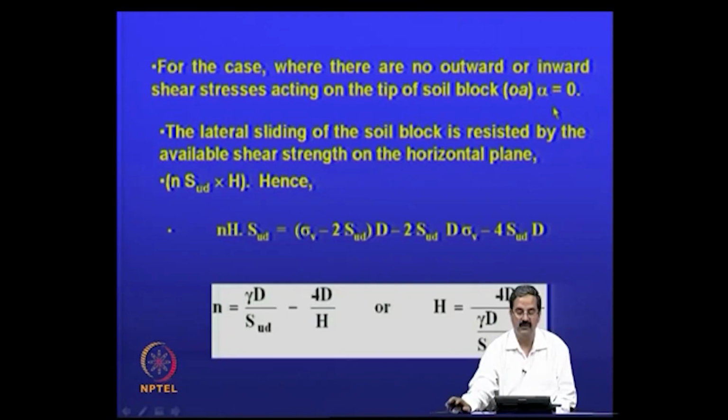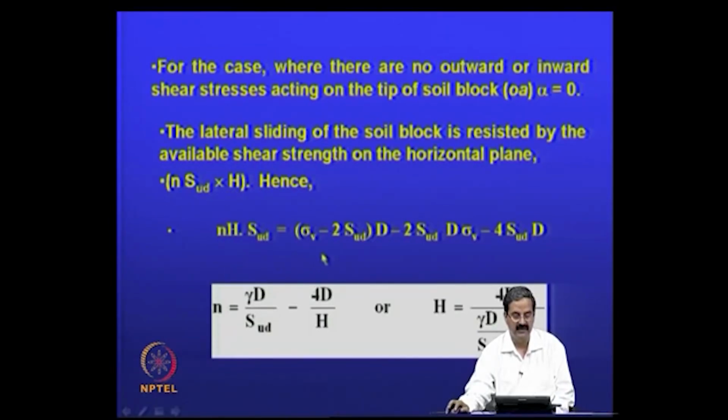the alpha is 0. There is one case that it is just under equilibrium, and the lateral sliding of the soil block is resisted by the available shear strength of the horizontal plane. So, that is nothing but N SCD into H, where D is the thickness of this soft soil, it is actually the height of the embankment, okay.